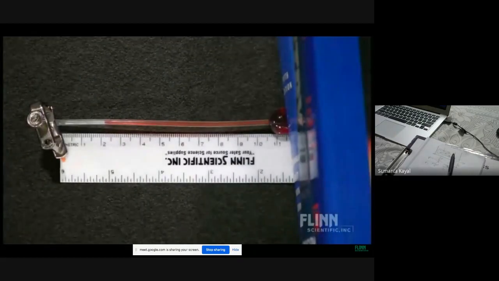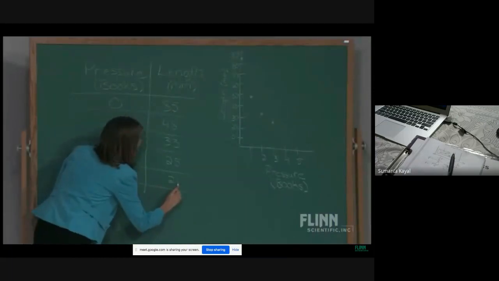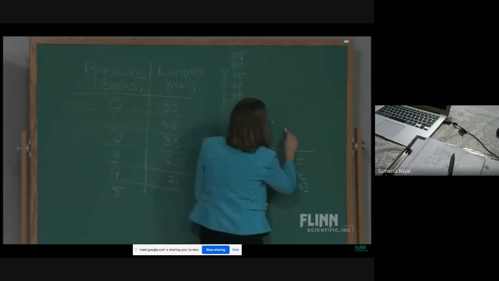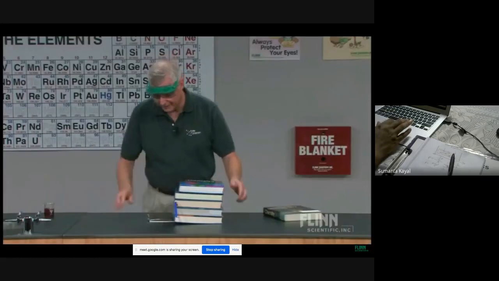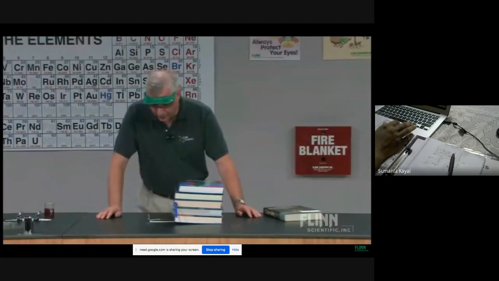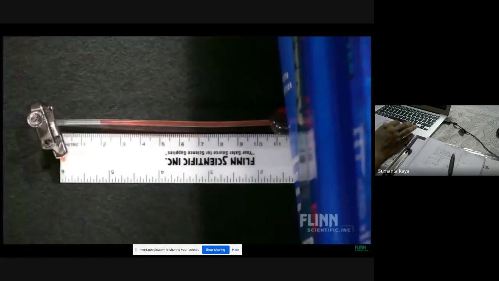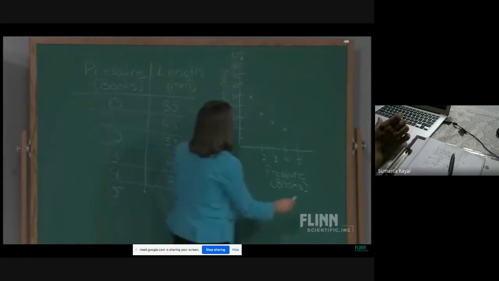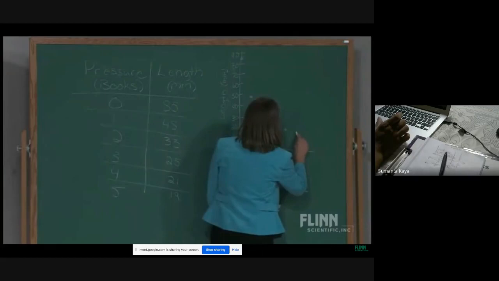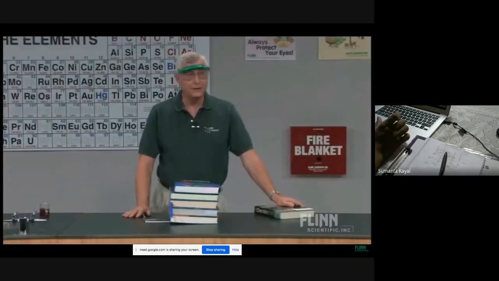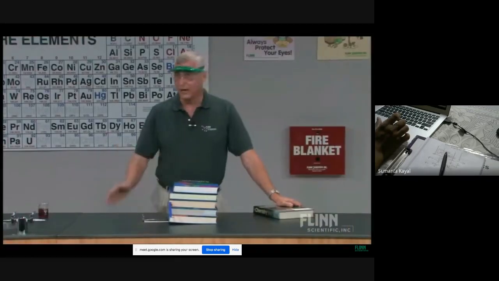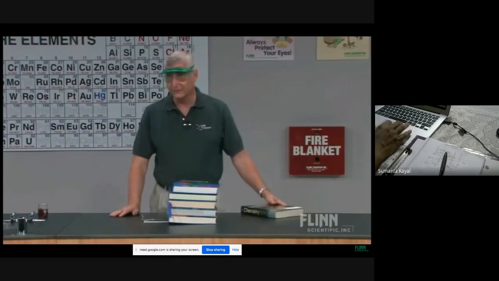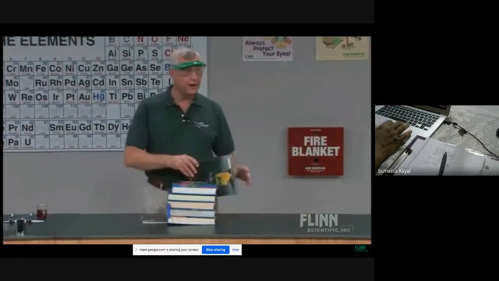And again, it is not just for fun, it has a deep understanding. Now you see how those plots are coming: 1, 2, 3, 4, 5 books, and the more pressure they put, you see the way those lengths are coming.